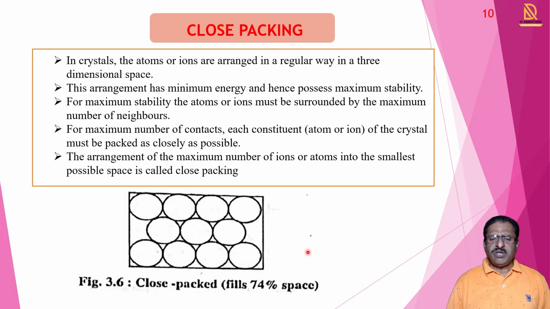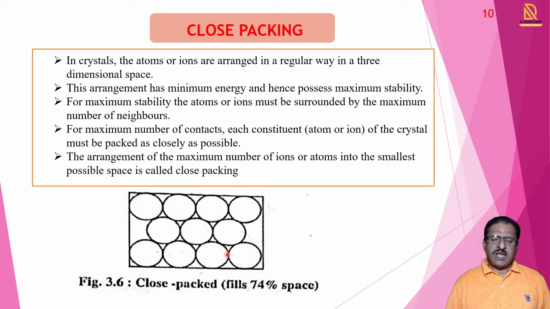Such an arrangement of the maximum number of ions or atoms into a small space is called close packing. You see here one diagram of close packing. This is the first ion. In one line, that ion is surrounded by a second, that second by a third, the third by a fourth. So they touch each other.